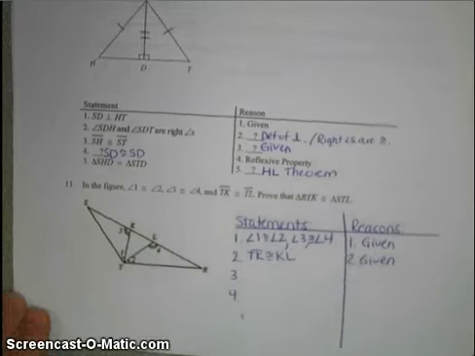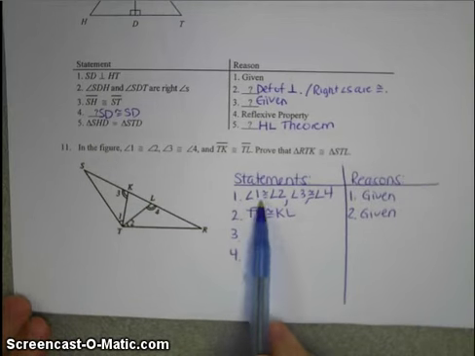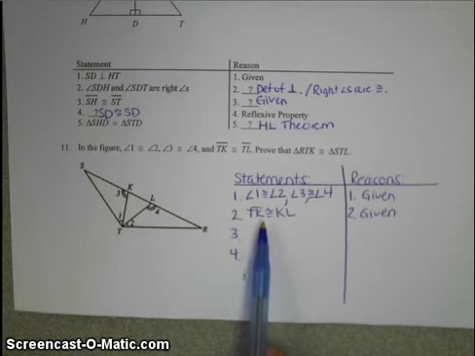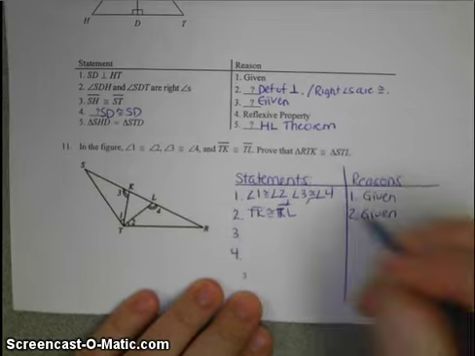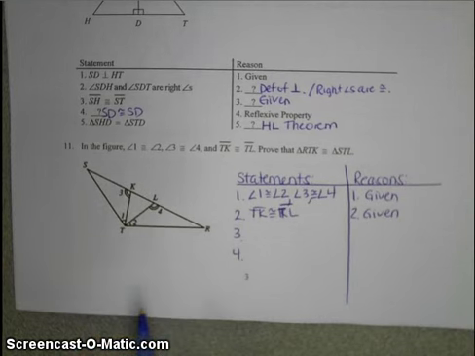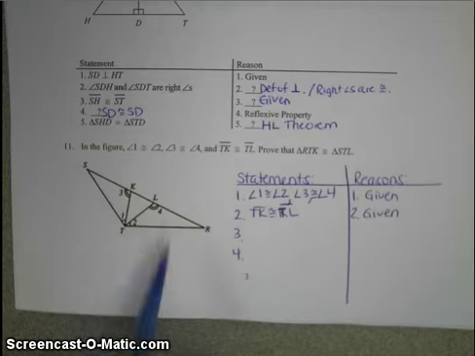Alrighty, and our next proof. In the figure, angle 1 is congruent to angle 2, angle 3 is congruent to angle 4, and TK is congruent to TL. So all that information is given and in my picture. So they want us to prove that triangle RTK is congruent to STL.